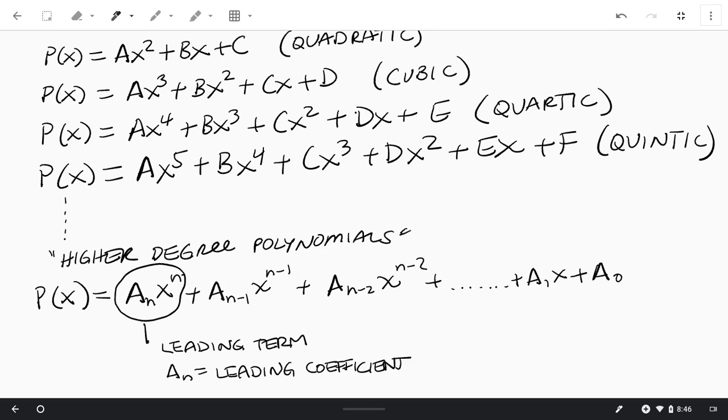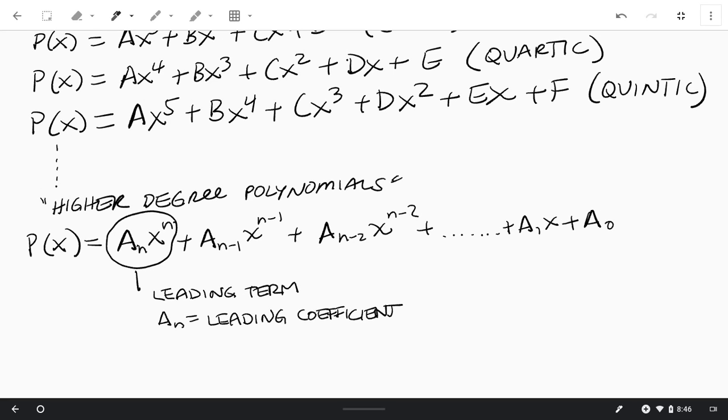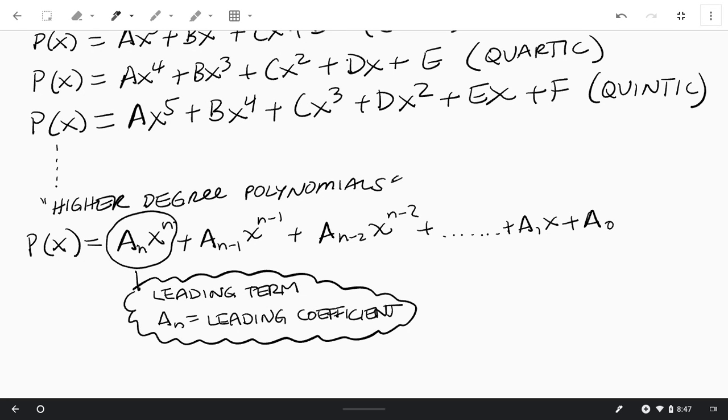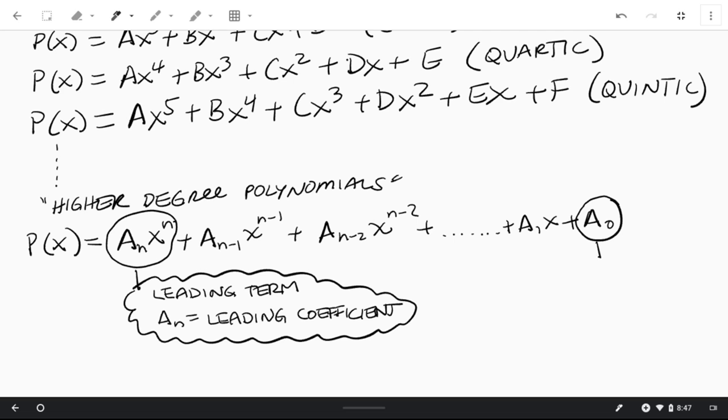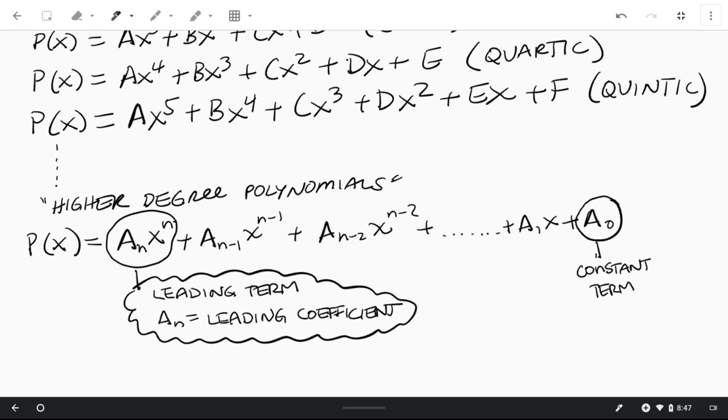So this leading term and this leading coefficient will play an important role in this entire chapter. And you'll notice that they all have a variable x next to them, except for this one here at the end. This one doesn't have a variable, so this here is the constant.